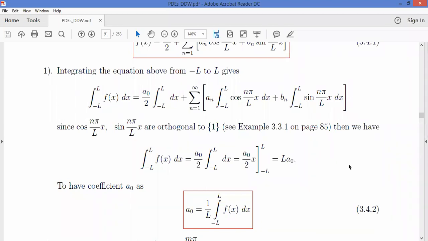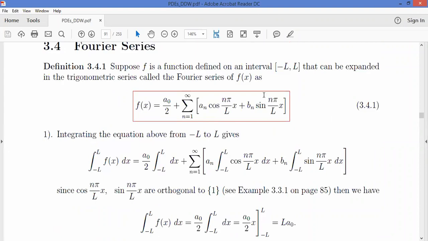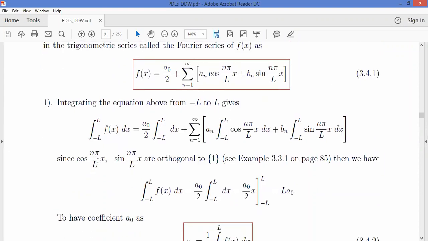Cos and sine are all orthogonal. If you integrate sine over the closed interval from minus L to L, whatever you put in here will always give you 0. That's why we say they are orthogonal to 1.